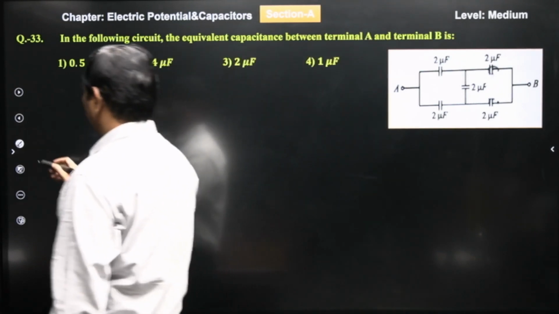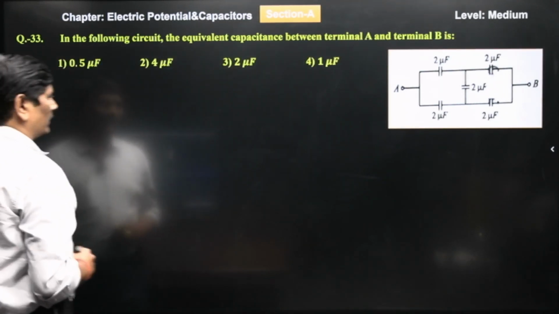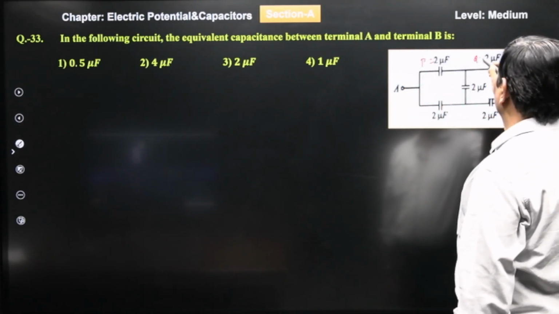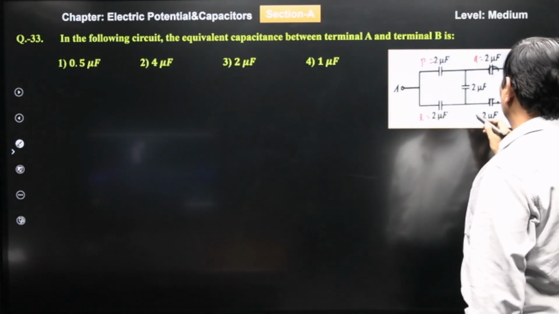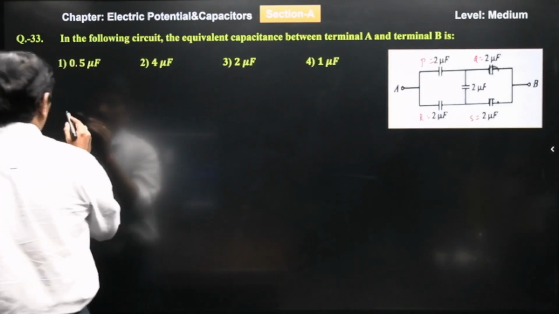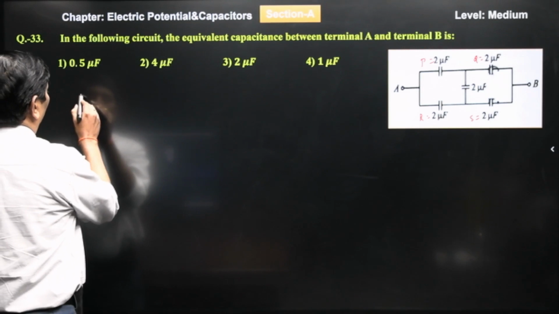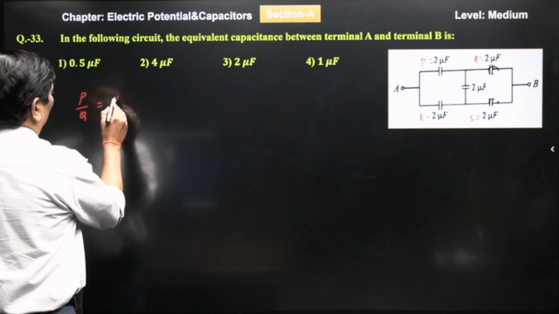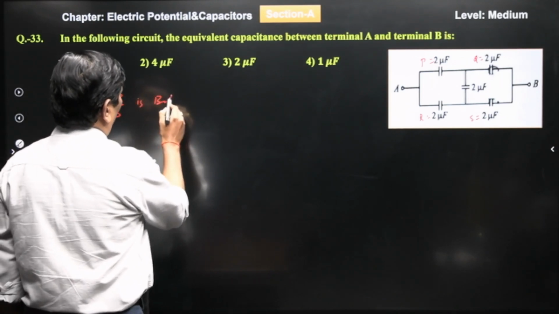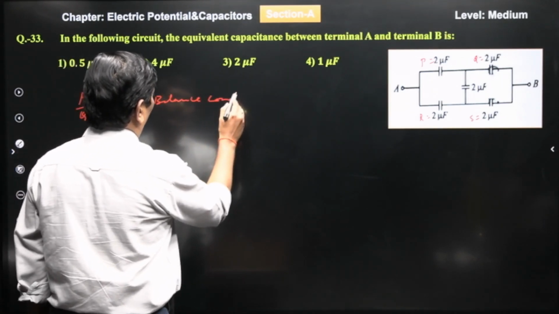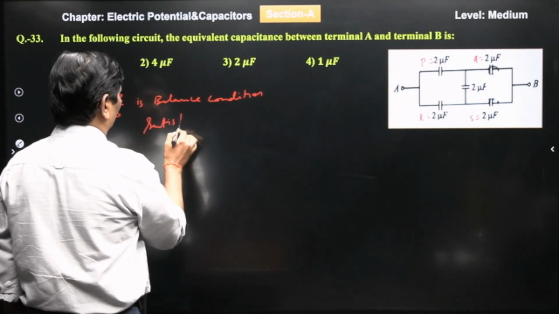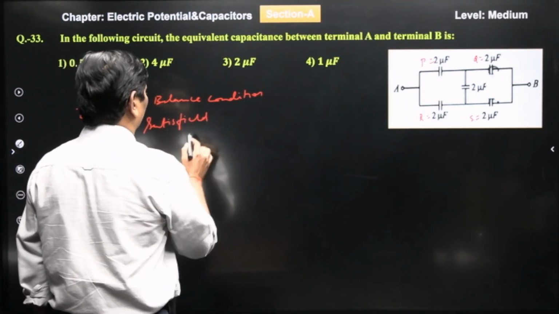So, if you see that figure, this is P, this is Q, this is R, and this is S. So, whatever the condition for Wheatstone's bridge, P by Q is equal to R by S, the balance condition is satisfied.